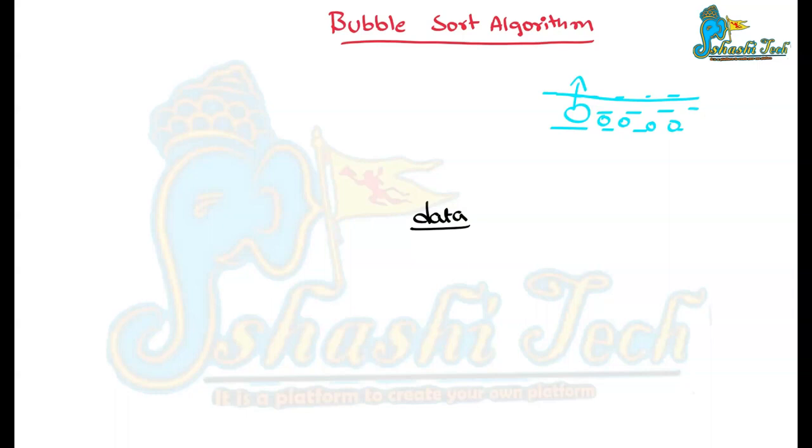of an array containing 89, 45, 68, 90, 29 and finally 17.